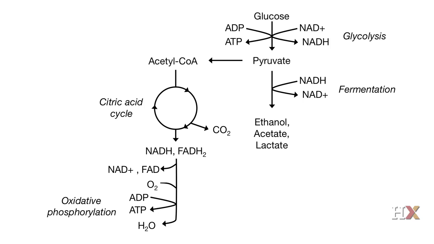For example, in aerobic organisms, amino acids and fatty acids are converted into acetyl coenzyme A that will feed the citric acid cycle and lead to the synthesis of a large number of molecules of ATP through oxidative phosphorylation. In conclusion, all the pathways leading to ATP synthesis are collectively referred to as cellular respiration.